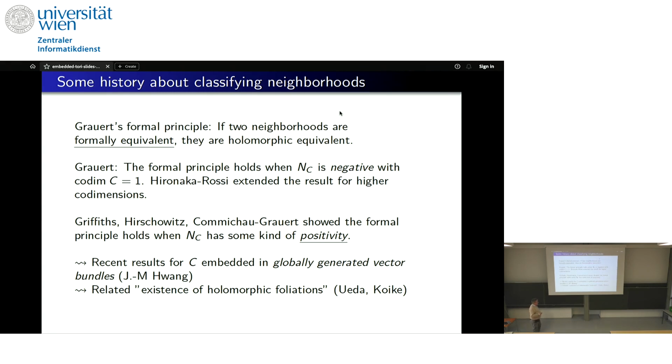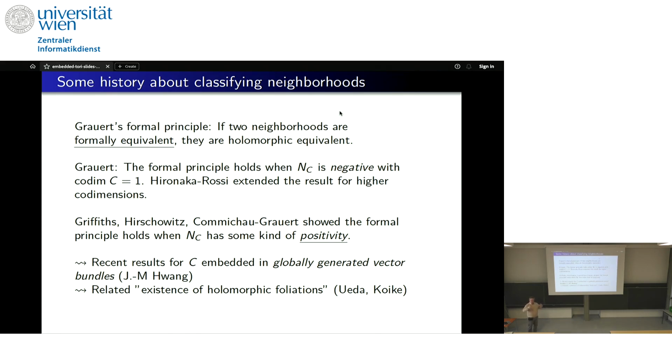It happens that when the normal bundle of the embedding is negative, in some sense that I will not explain now, then it's always the case. And so you have a kind of rigidity.